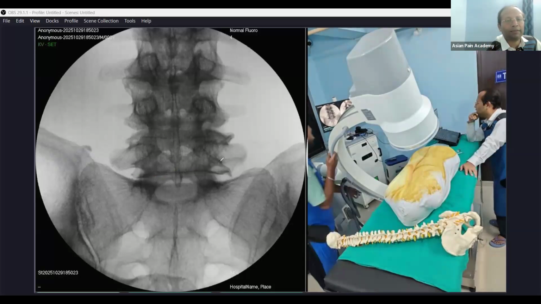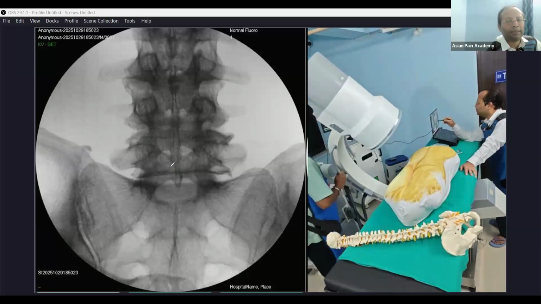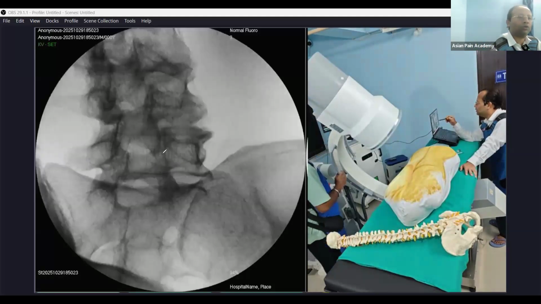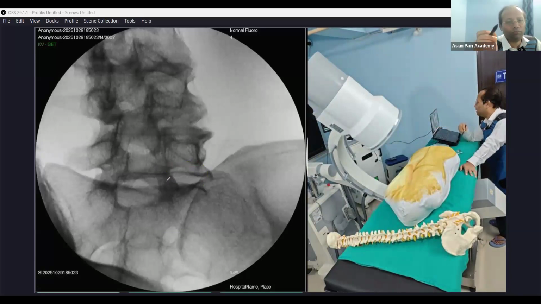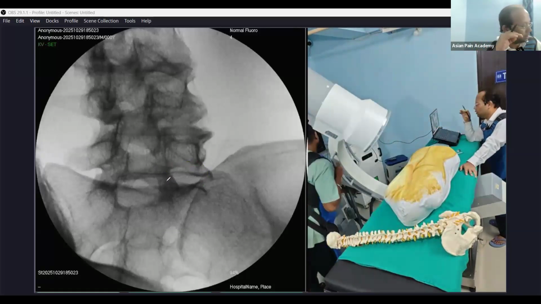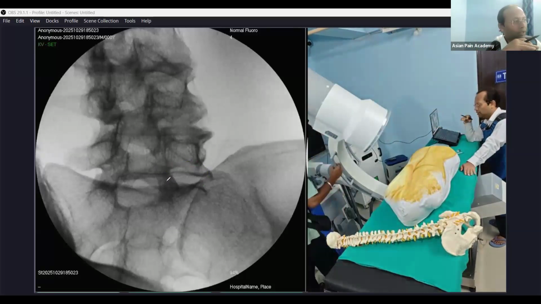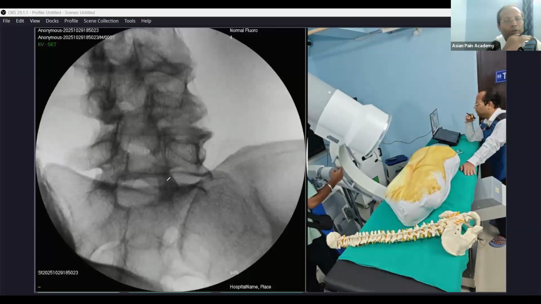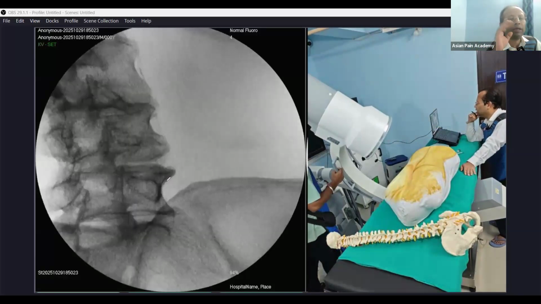I expect that in this area the triangle should come. So I will tell him to make the angulation a bit more.